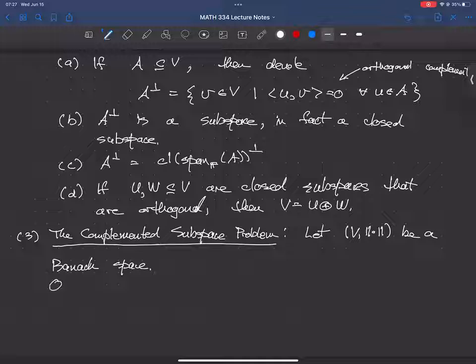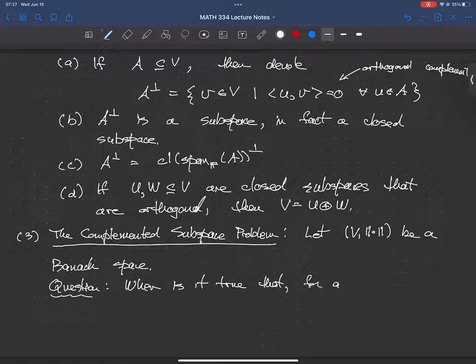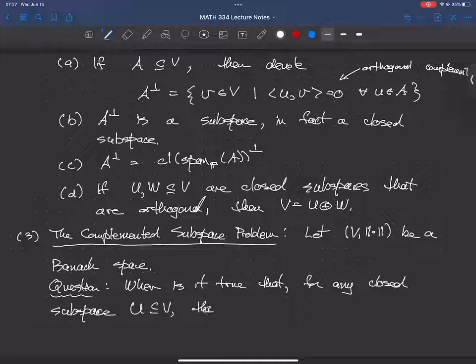So a question. When is it true that for any closed subspace U of V, there exists a closed complement?